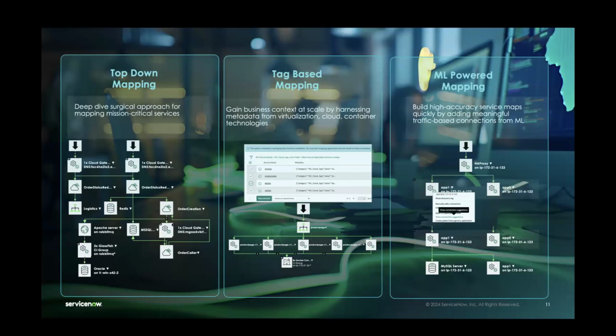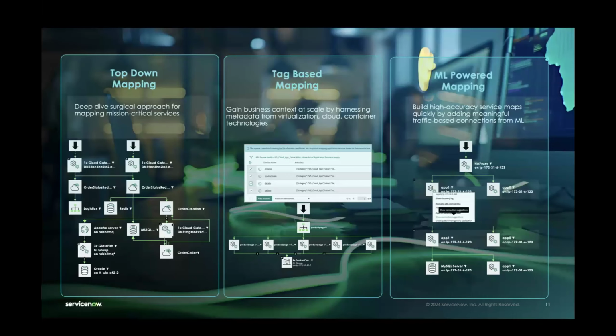This is one of the most favorite approaches for our customers, where we have seen thousands of maps created in the cloud and container world. In fact, one of the customers has almost 22,000 service maps, primarily sitting just in the multi-cloud environment, which clearly shows how this is effectively being used, where you are also democratizing service mapping.